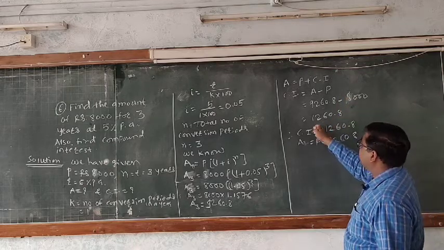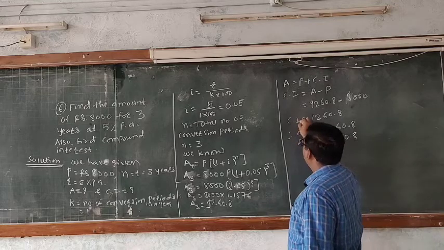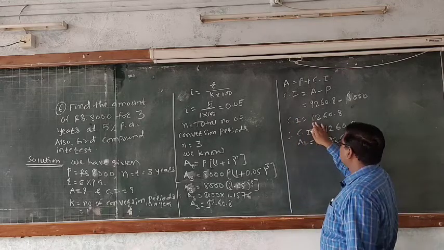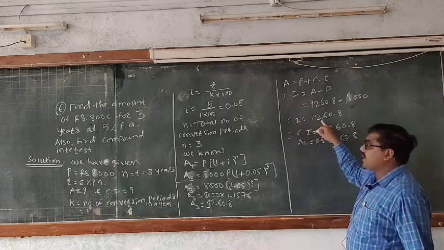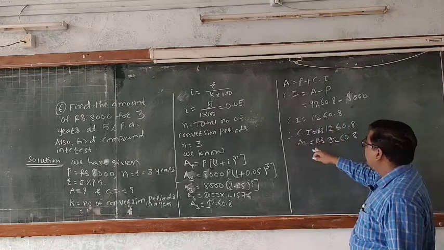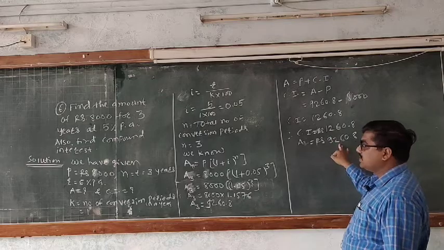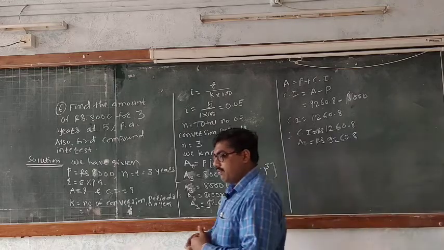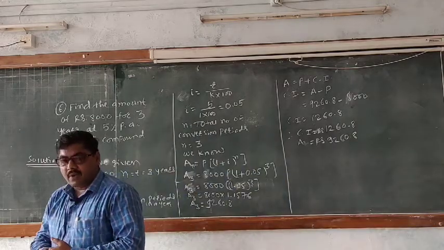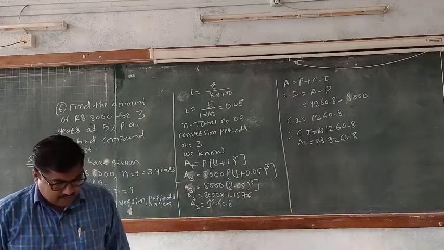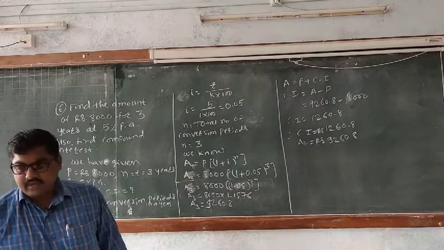So this is rupees 1,260.8. Therefore compound interest is this term and amount is this. So this is the example to find the amount and compound interest.